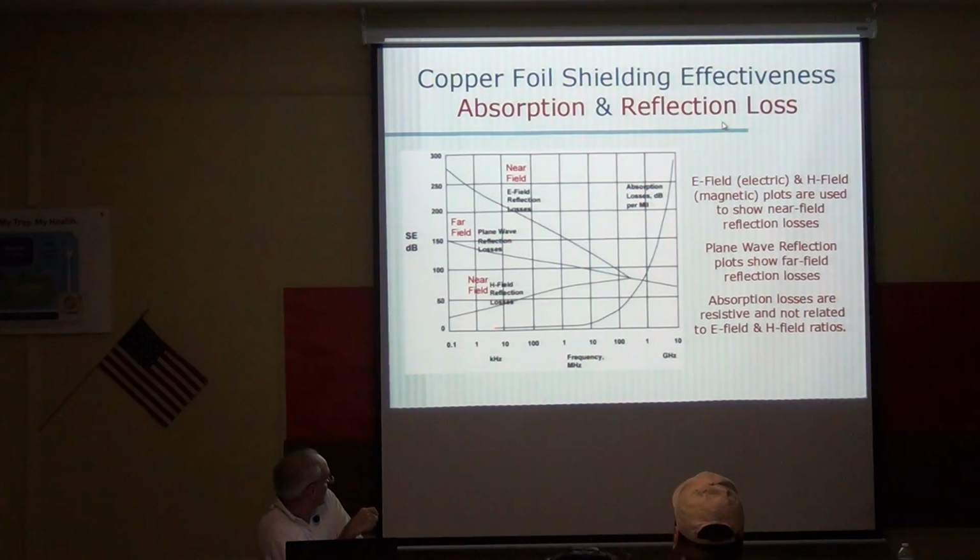So at any frequency here, at 1, we've got roughly 130 dB of shielding related to reflection and pretty much 0 associated with absorption.